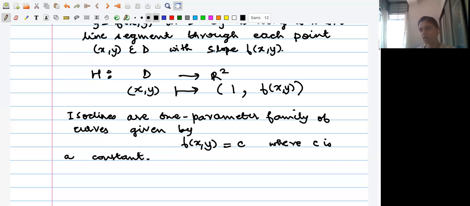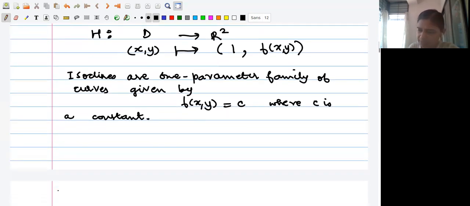Correct. Now, as is evident from the way we have defined the direction field, along the isoclines the line segments that you are going to draw, meaning the vectors at each point, all have the same slope c, right? And this makes it easy to draw those line segments, correct? I'll write that down for emphasis.